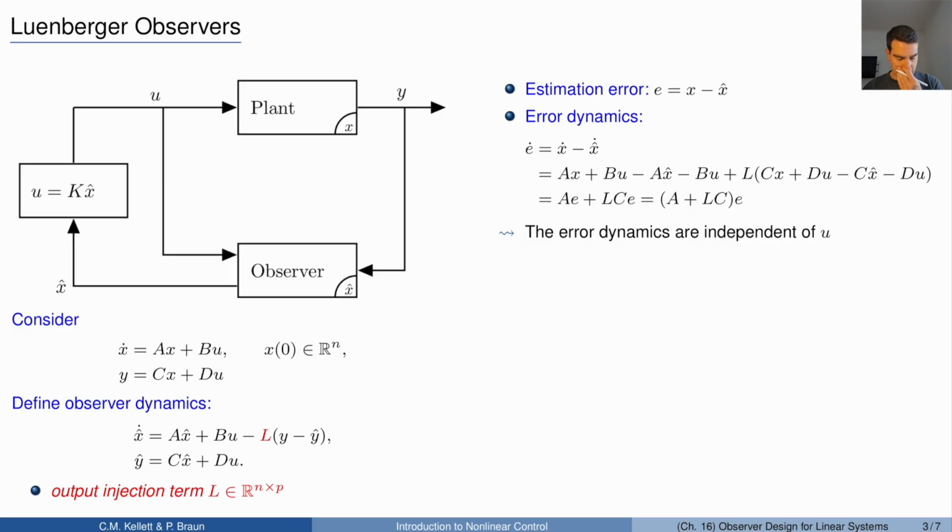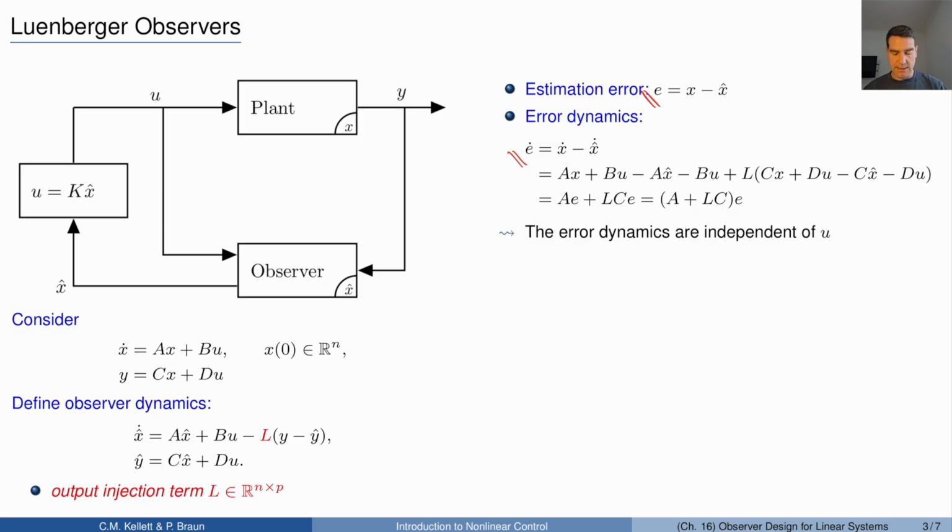How does this output injection term help us? Well, we can again look at the error dynamics. First define the error e equal to x minus x hat, then consider the derivative and plug in the information we have in terms of the plant dynamics and the observer dynamics.